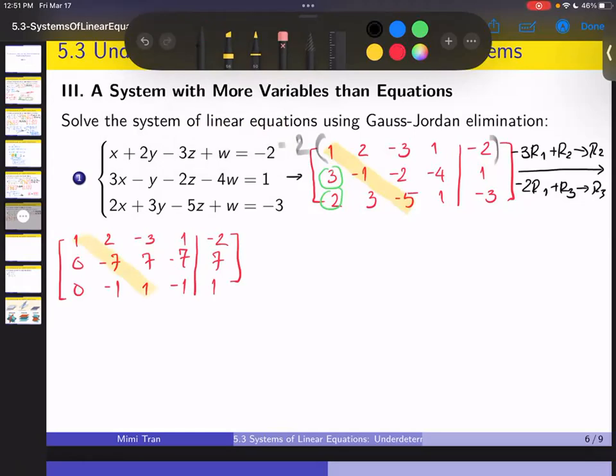Last one, the last entry, which is this guy. I'm going to multiply the third row by negative 7 like we did earlier, and add to row 2.